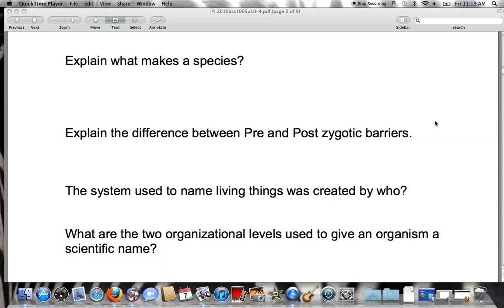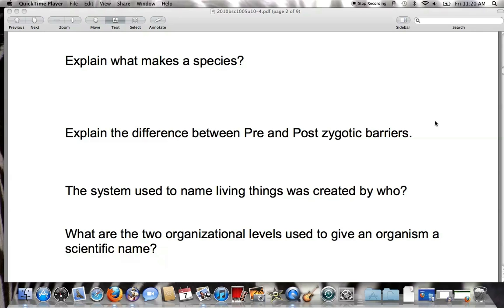Sometimes there are chemicals that interfere with fertilization. Organisms create their own chemicals, and during mating there may be some chemical that inhibits the sperm from fertilizing the egg. So those are pre-zygotic barriers.